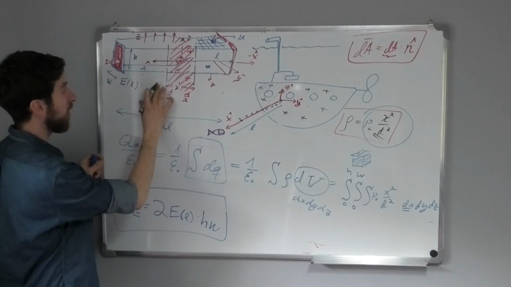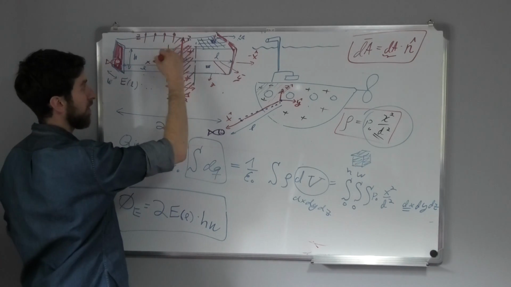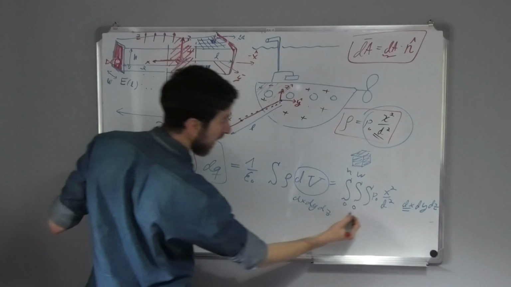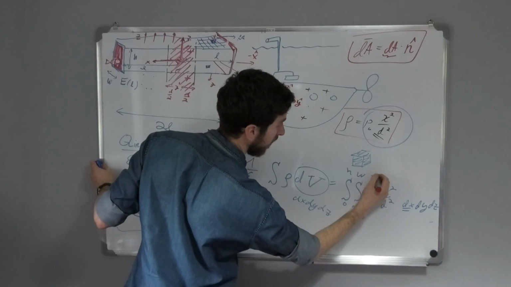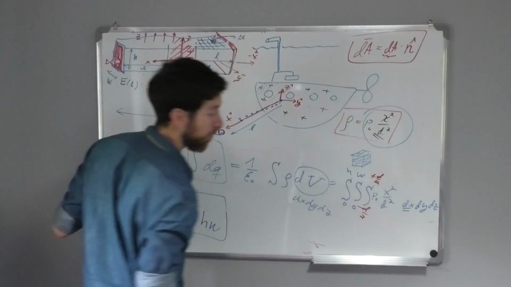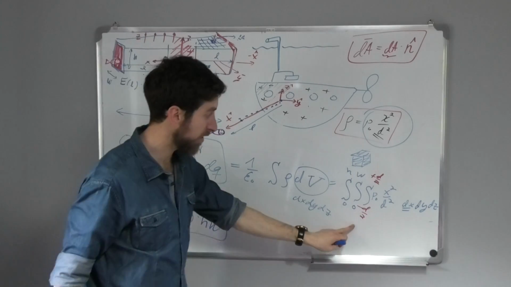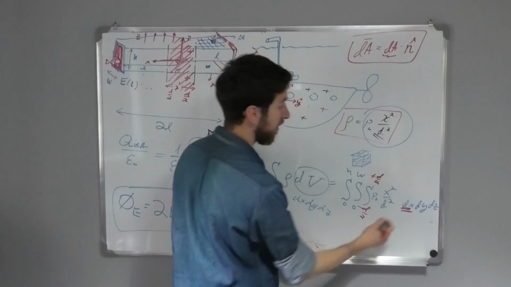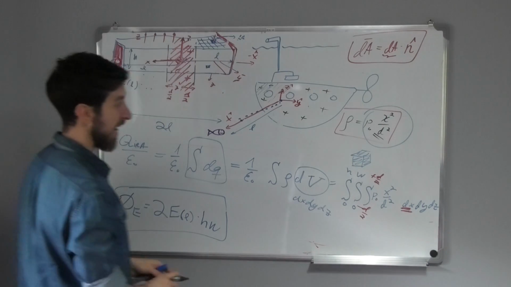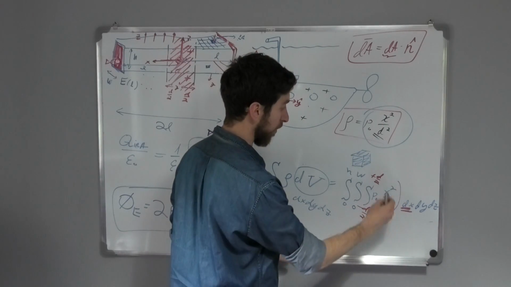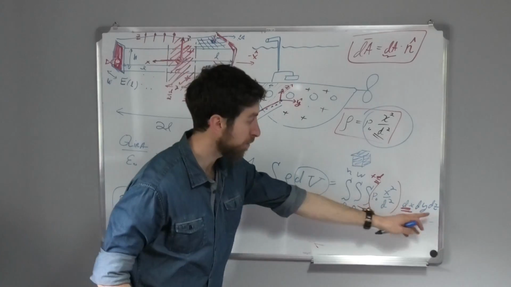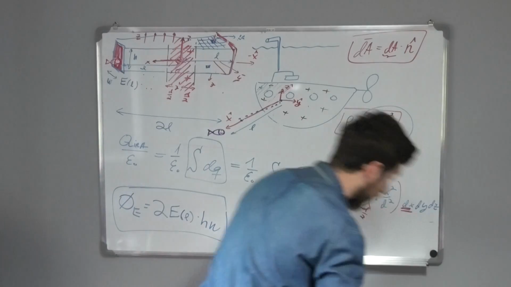So the area is actually, if this is my axis, it's minus d over 2 till plus d over 2. Got it? This is the dx. This is the distance we need to go. And you can see this is a constant compared to dy and dz, so I can immediately solve this integral.